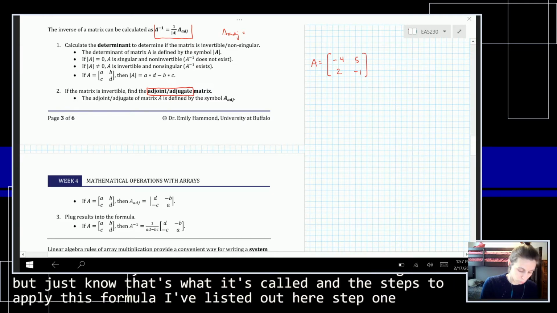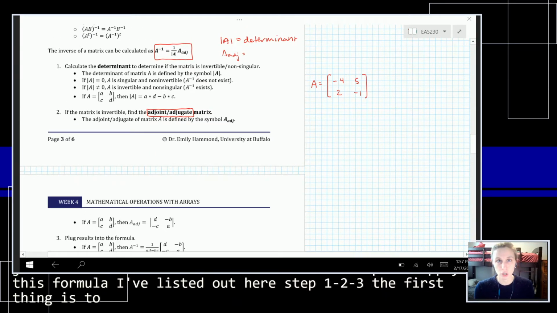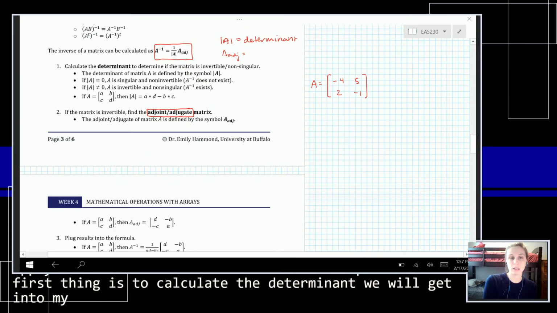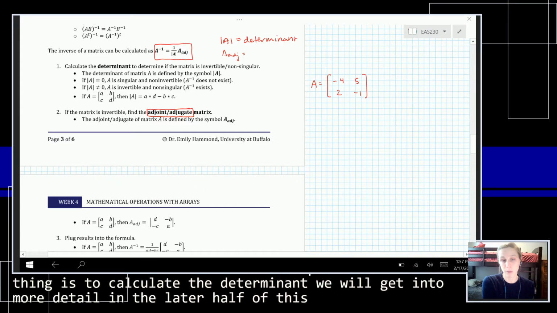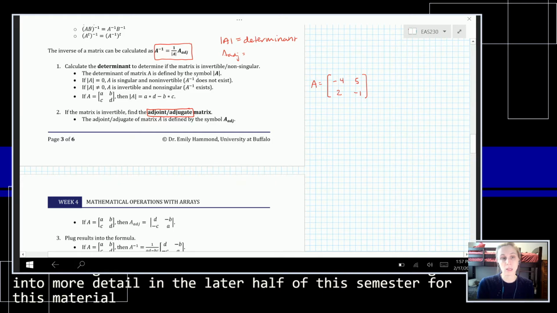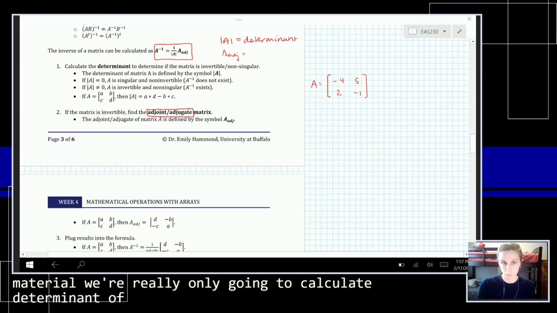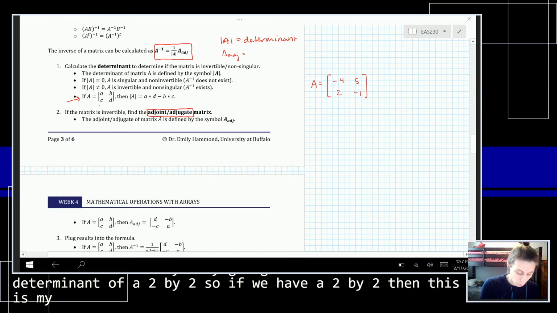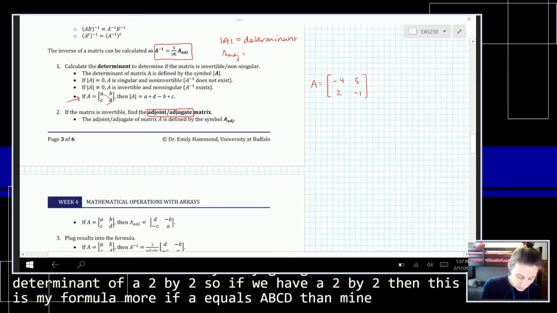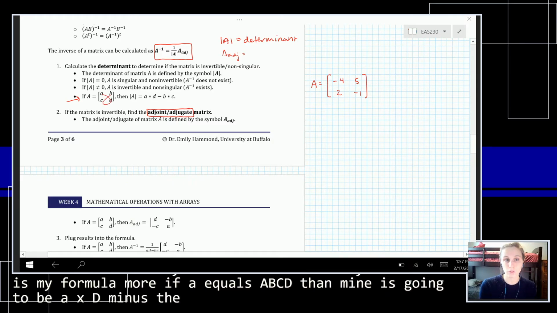Step 1, 2, 3. The first thing is to calculate the determinant. We will get into more detail in the later half of this semester. For this material, we're really only going to calculate the determinant of a 2 by 2. So if A equals A, B, C, D, then my determinant is going to be A times D minus C times B. I like to draw a little fish.